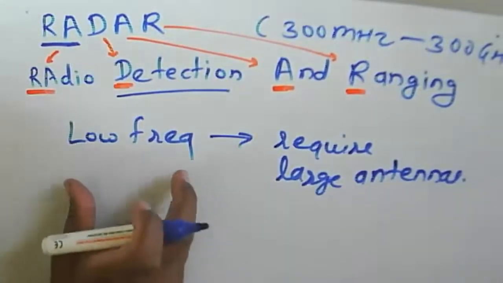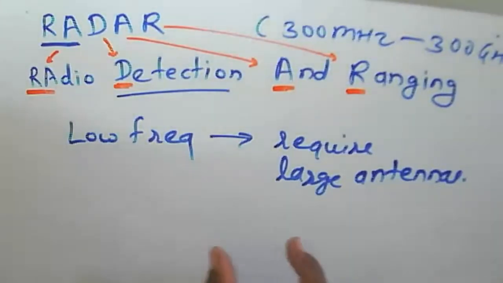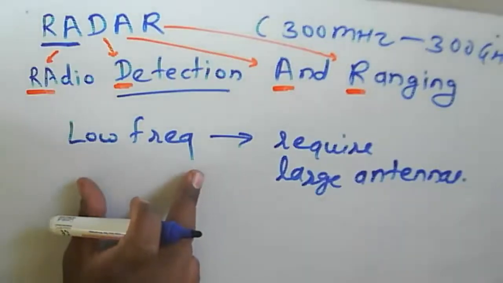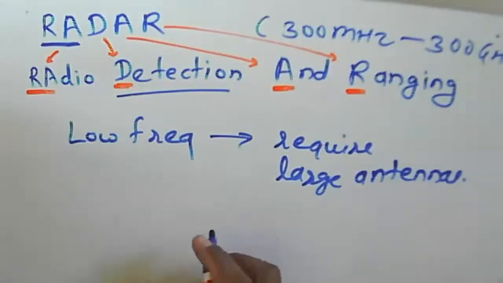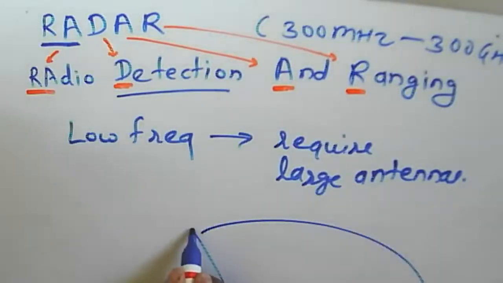Okay, so why the low frequency? We already talked about antennas and their frequencies earlier. So if we are using a low frequency, we require a large antenna, and the beam provided by this radar device will be a larger beam.